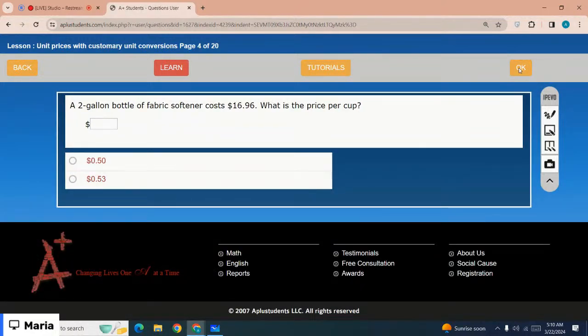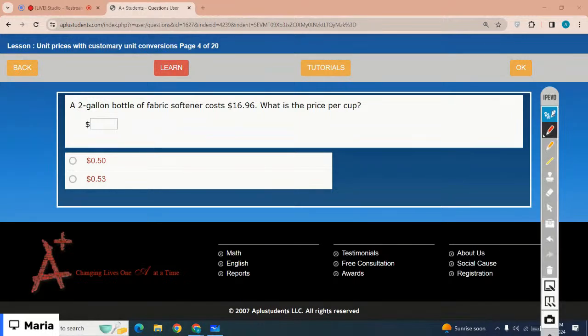Okay, a 2-gallon bottle of fabric softener costs $16.96. What is the price per cup? You have to calculate the price of 1 cup. That is a conversion from gallons to cups, right? So 1 gallon equals how many cups? 1 gallon equals 16 cups.